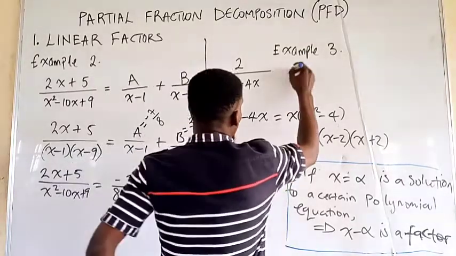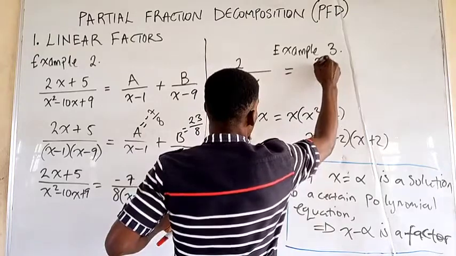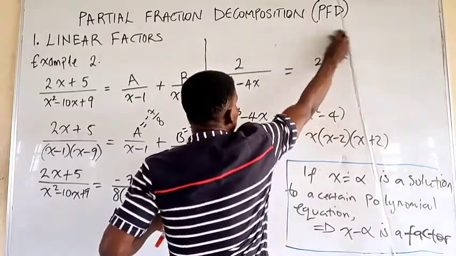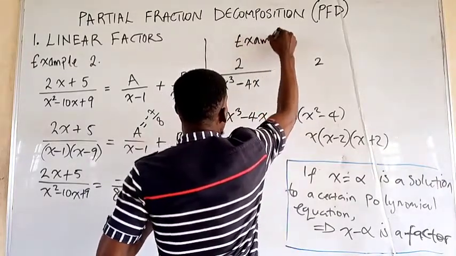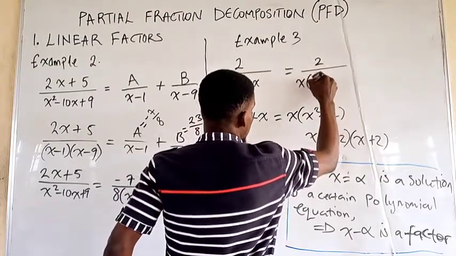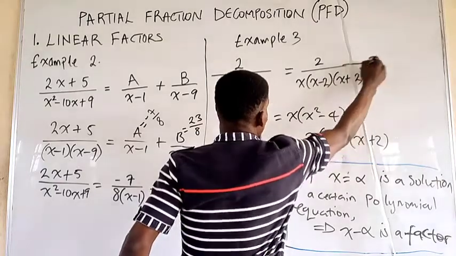So here I'm going to equate this to 2 over x times x minus 2 times x plus 2, all right?